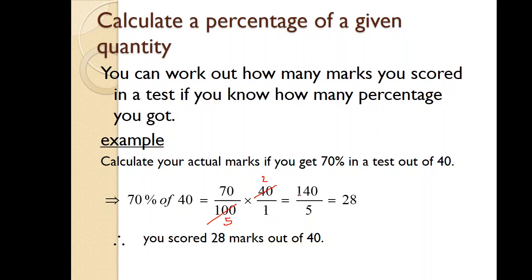Now if you divide 140 by 5, this gives you 28. That means you scored 28 marks out of 40.